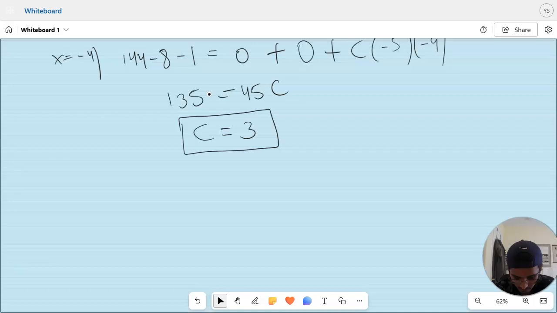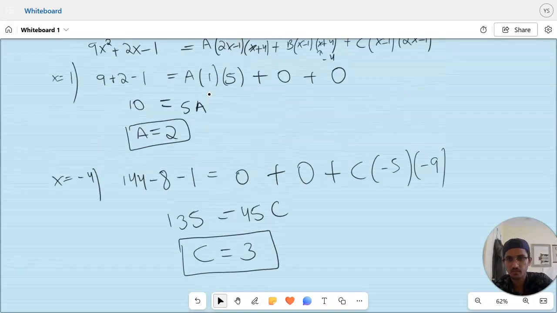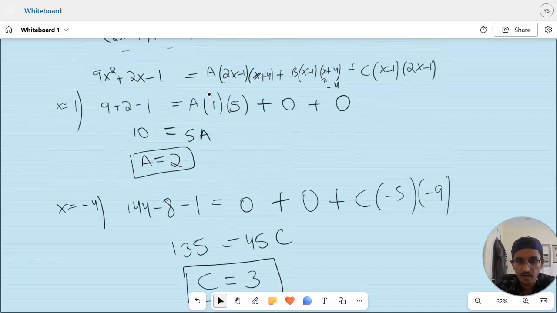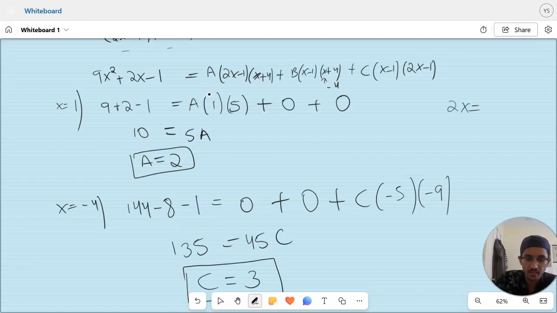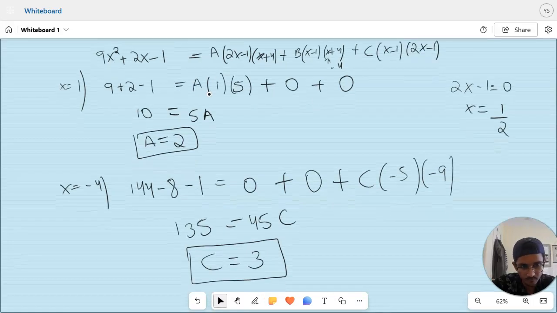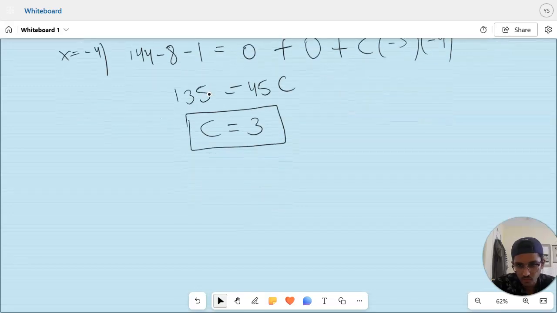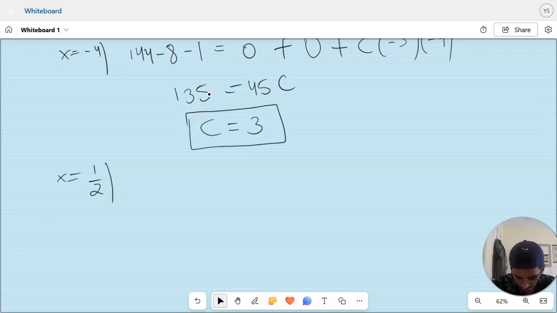Alright guys, now let's find our last value, the B value. Since we have 2x minus 1, if we let that equal 0, x is going to equal 1 over 2. So let's let x equal a half.